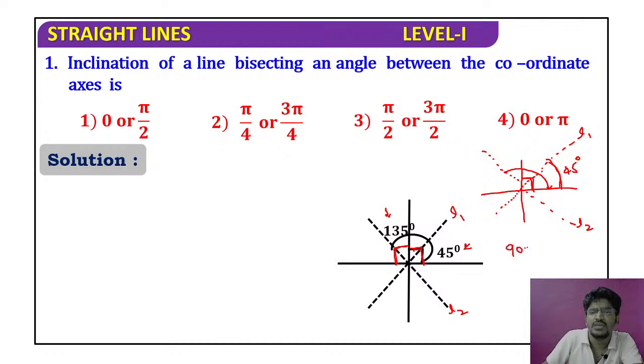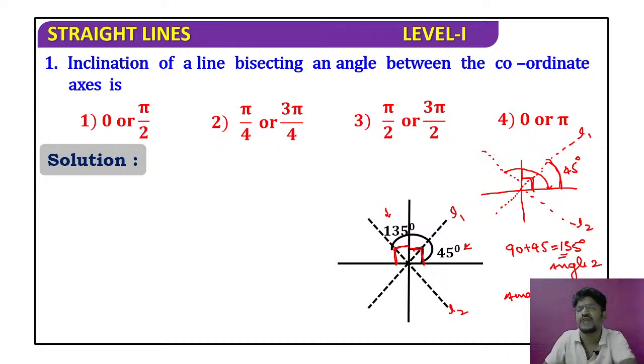So 90 plus 45 is 135 degrees. That is your angle 2, and angle 1 is 45 degrees. So now you have to find the required answers for angle 45 degrees and angle 135 degrees.